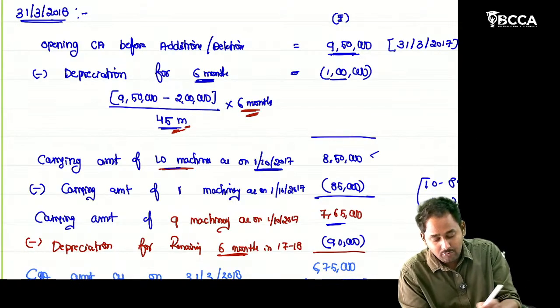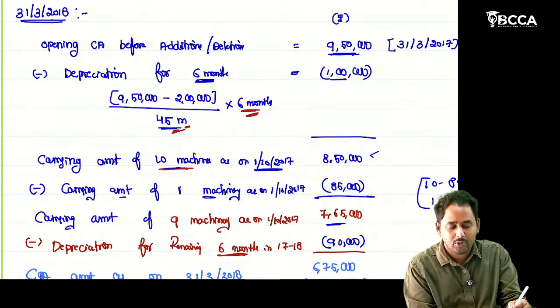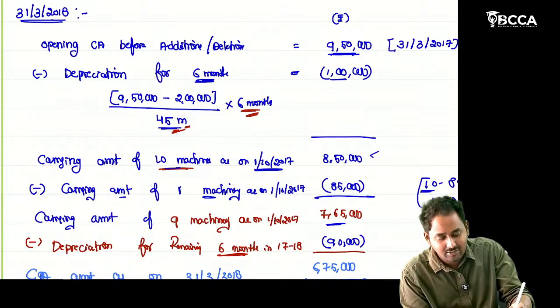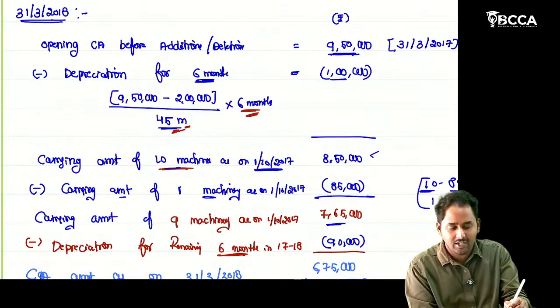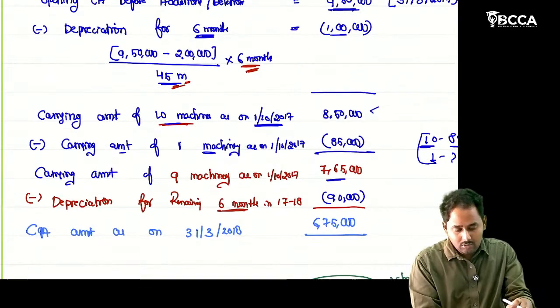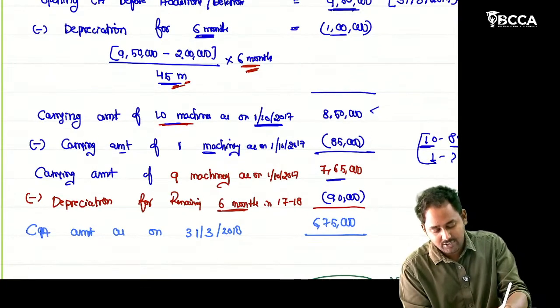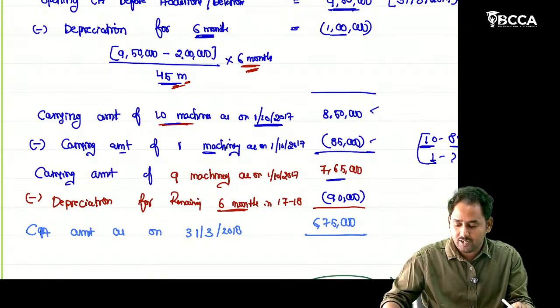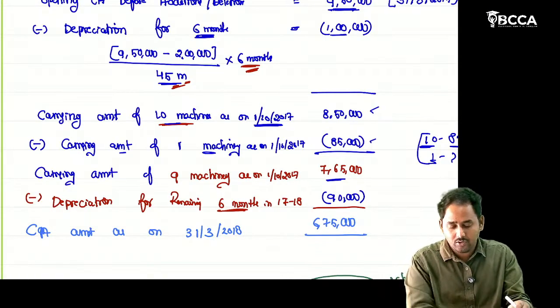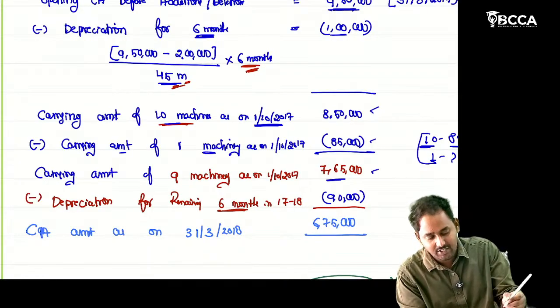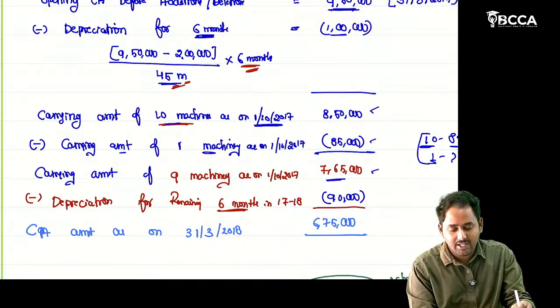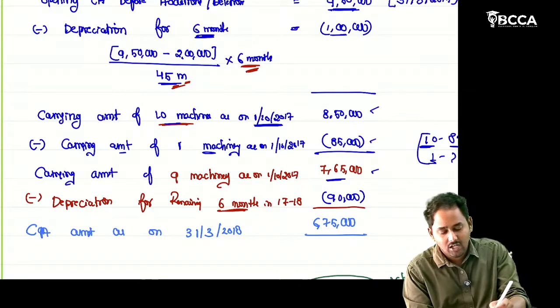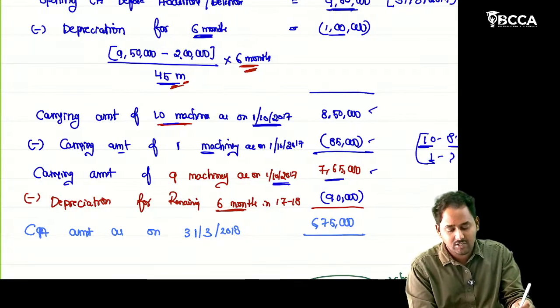Minus, we are going to deduct the carrying amount of one machine. For 10 machines it is 8.5 lakh, so for one machine it is 85,000. So 8,50,000 minus 85,000 gives 7,65,000. This is the carrying amount of 9 machines as on 1/10/2017.